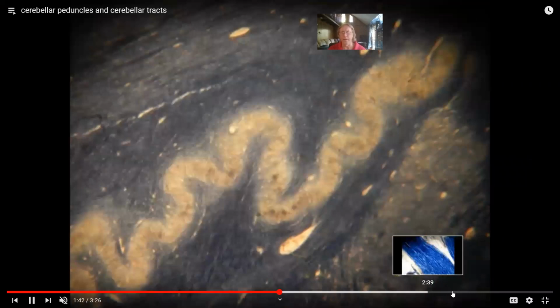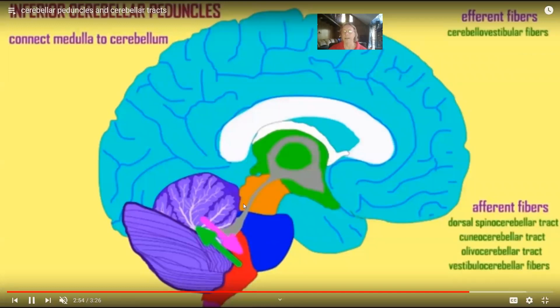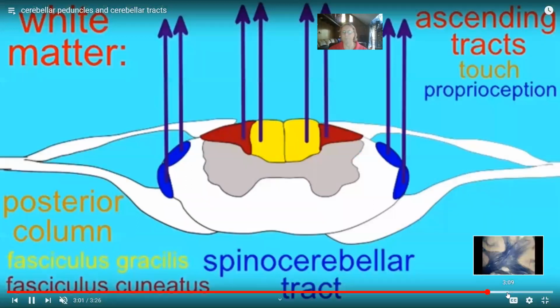And so these different cerebellar peduncles allow communication with the midbrain, the pons, and, with the inferior cerebellar peduncles, the medulla.